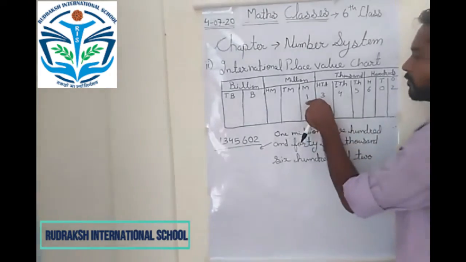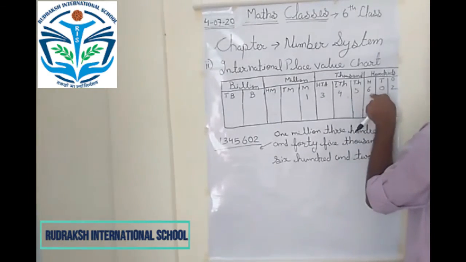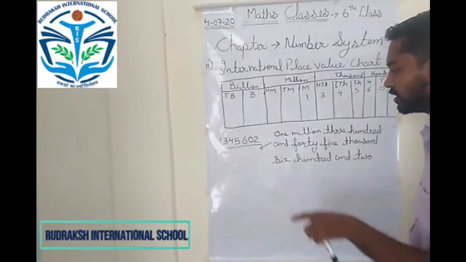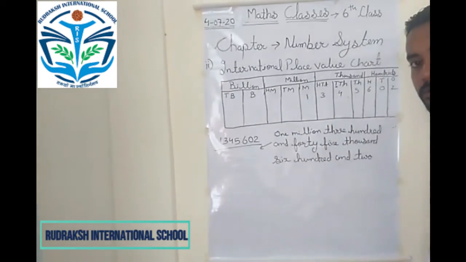So the whole sequence will be 1,345,602. This will be the sequence of the whole number under the international place value chart.